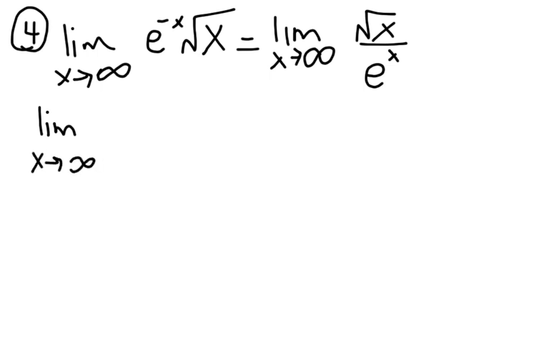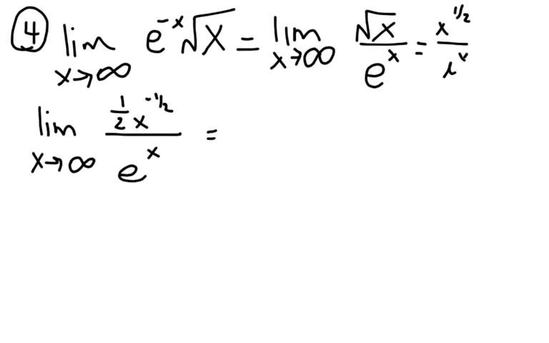So, limit as x approaches infinity of, okay, we're going to think of this as x to the 1/2 power over e to the x. So, the derivative of x to the 1/2 power is 1/2 x to the negative 1/2 power, and then we have e to the x here.